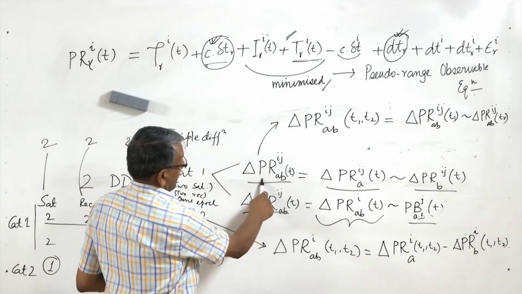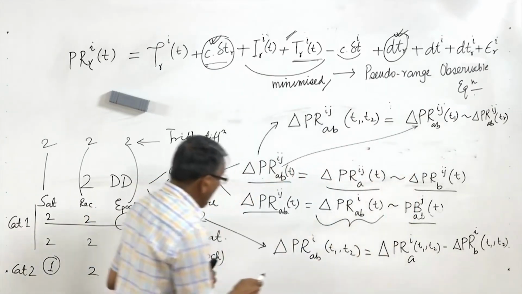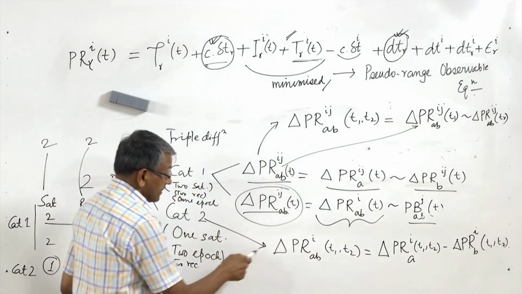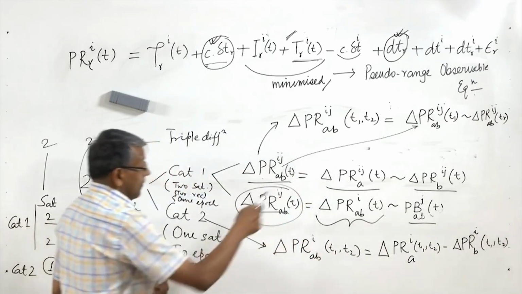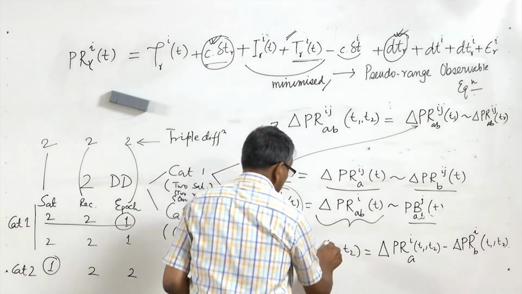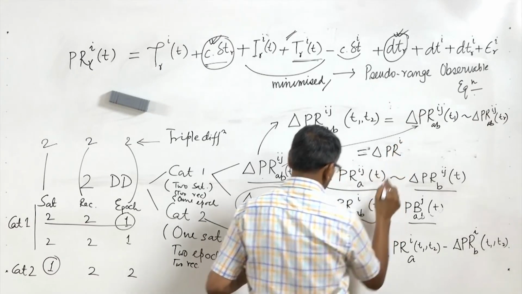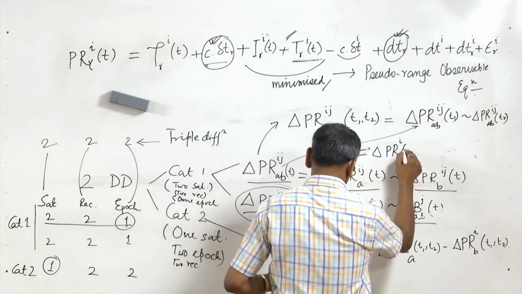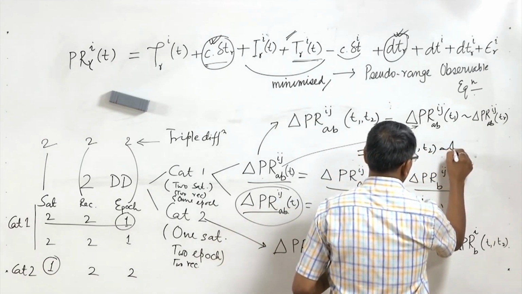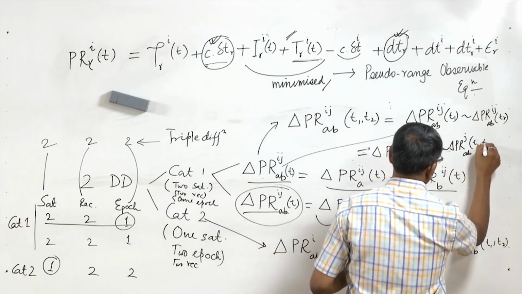So, I can take this one, or I can take this variety, or I can take that variety. In that way, if we take this one, then that means del P R I A B T1 T2 my difference del P R A B J T1 T2.